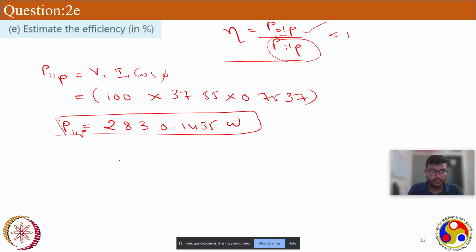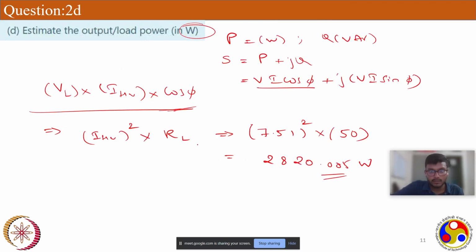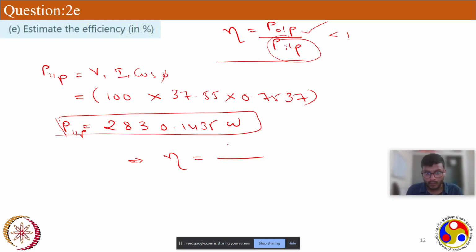Correct. Now the efficiency will be output over input. What is the output we got in the previous step? 2820.005. How much is the efficiency now? We are losing around 10 watts to losses here. You can see that from output power and input power.